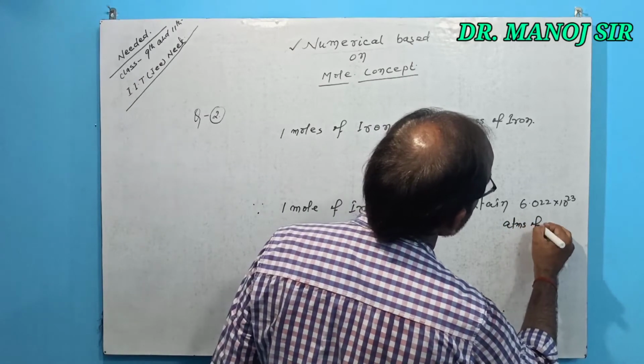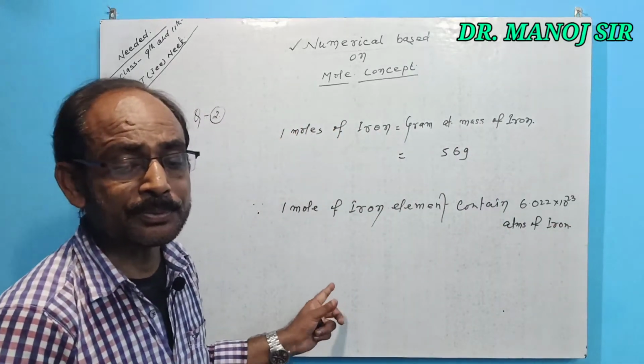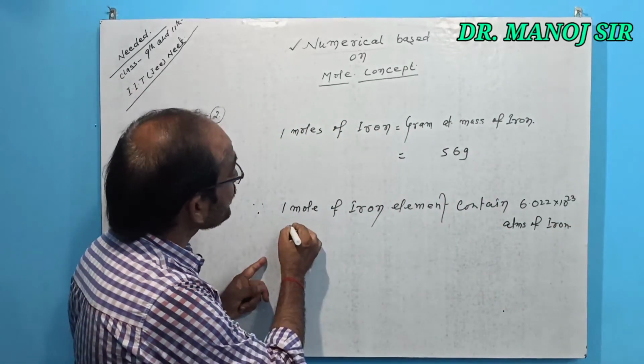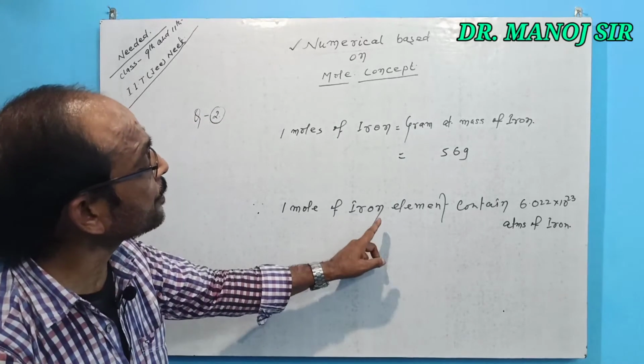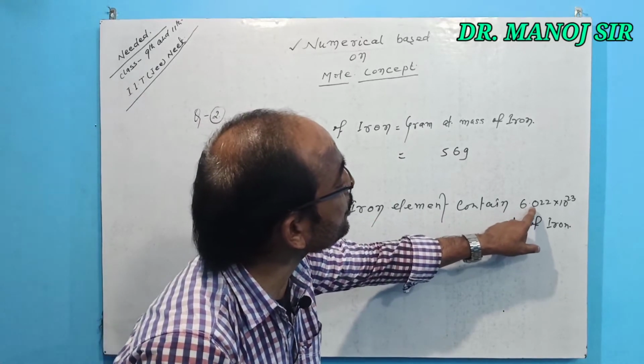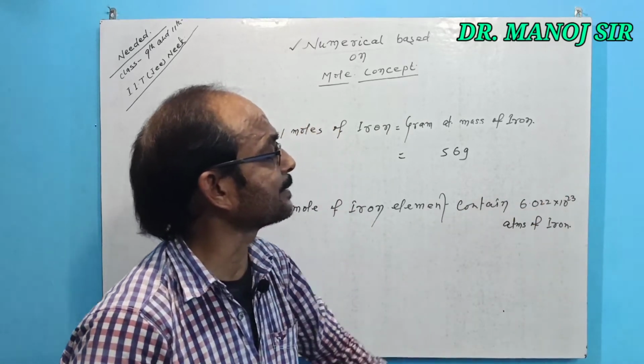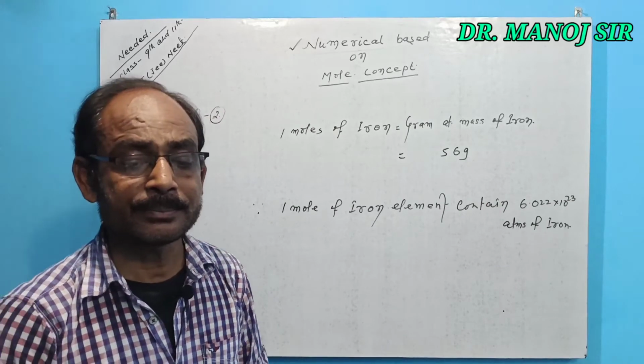Therefore, 1 mole of iron element contains 6.022 into 10 to the power 23 atoms of iron.